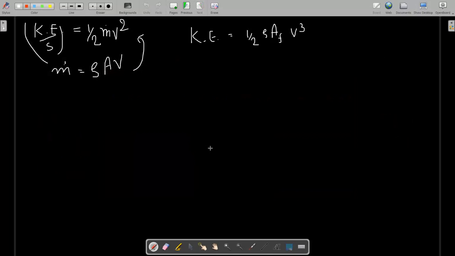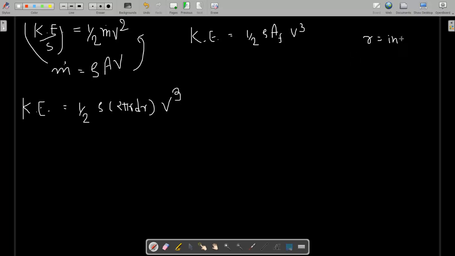The kinetic energy for this small area is equal to 1 by 2 rho, area is 2 pi small r dr, into v cube. Here small r is the instantaneous radius and capital R is the pipe radius, or pipe diameter divided by 2.